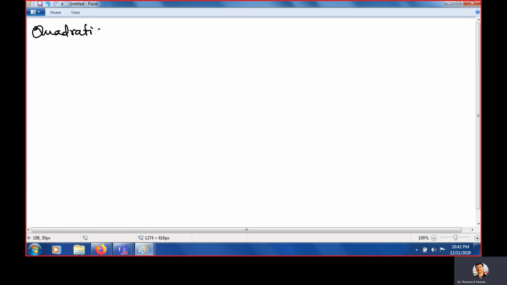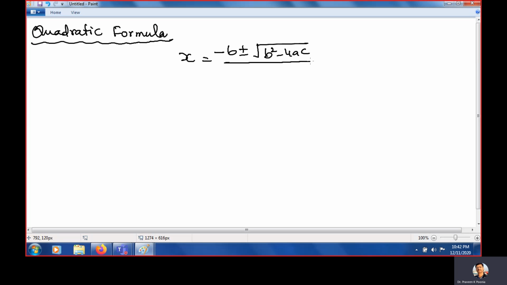Quadratic formula, very important thing. You will enjoy it. How do we write the quadratic formula? x is equal to minus b plus minus square root of b square minus 4ac upon 2a.